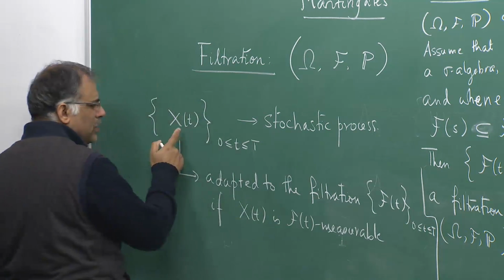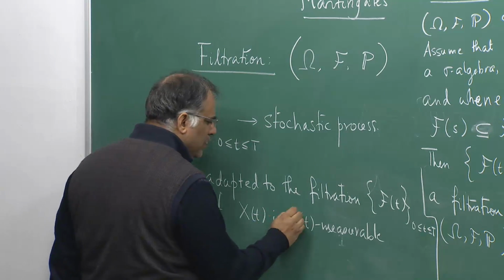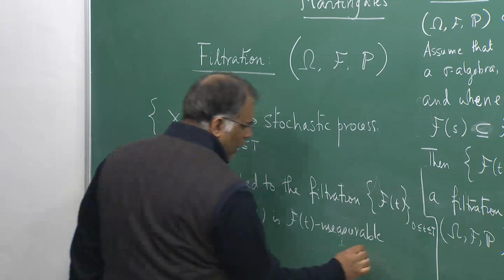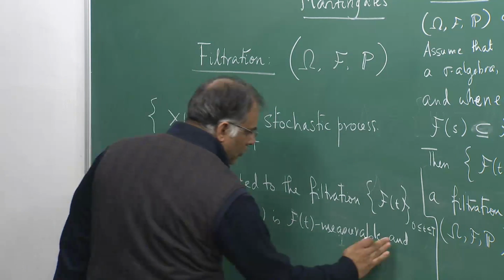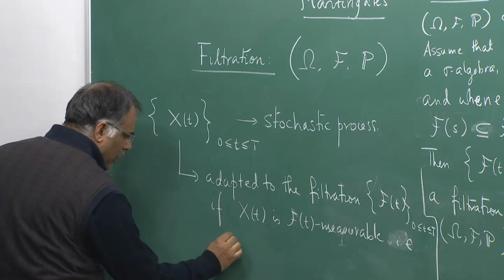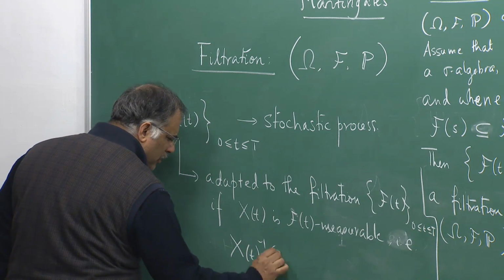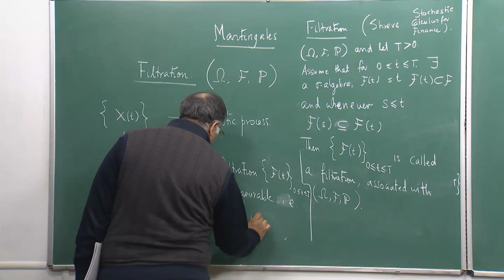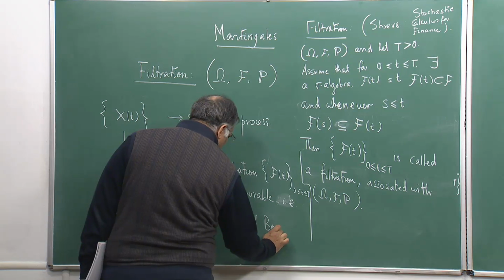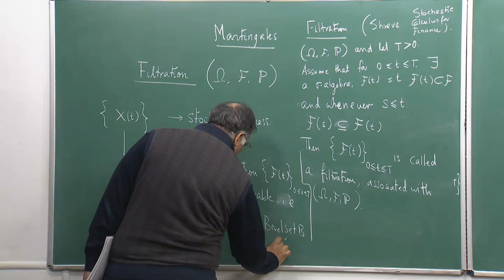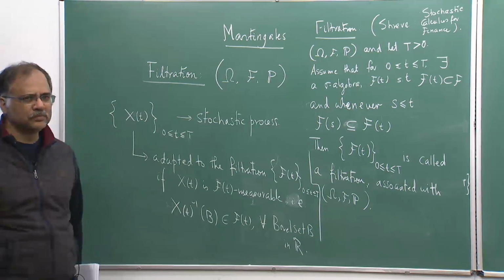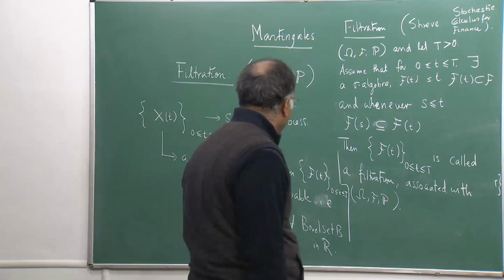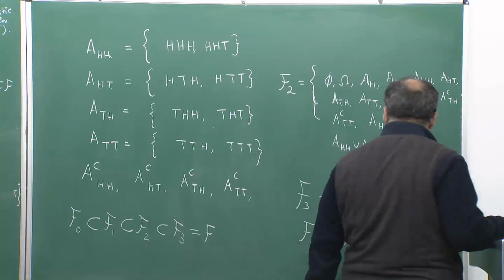All these are random variables. For every t between 0 and T, Xt is some random variable, adapted to the filtration if Xt is Ft measurable, that is, Xt inverse of B belongs to Ft for all Borel sets B in R. This is the meaning of an adapted stochastic process.